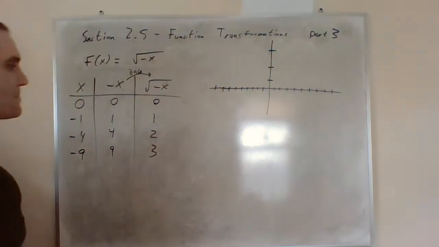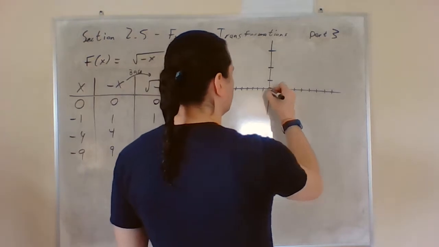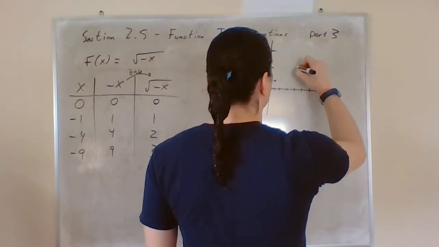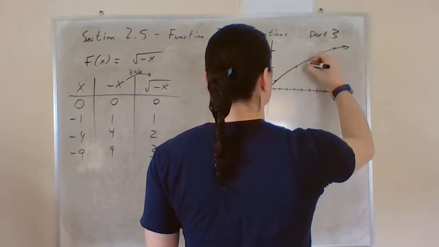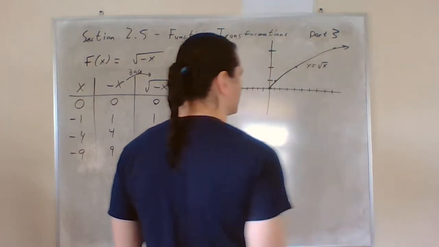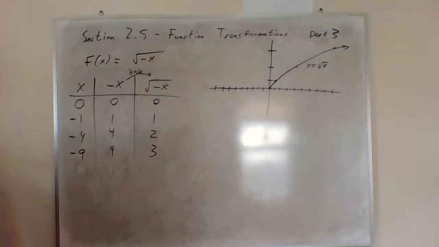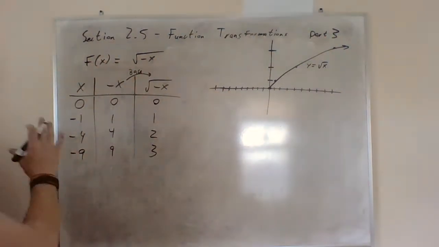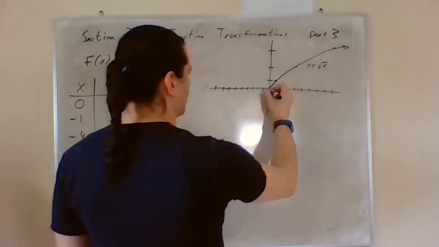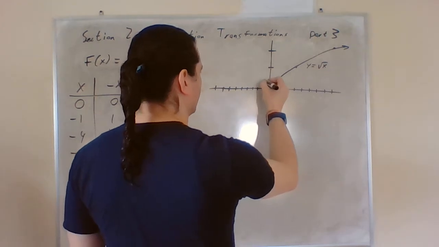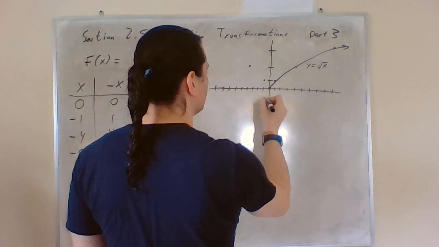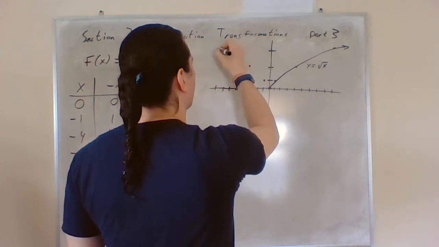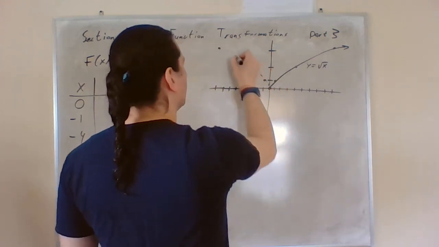Okay, so the base function here: 0, 0, 1, 1, 4, 2, 9, 3. Base function here, same as it ever was, y equals square root x. The transformed function still has my 0, 0 point. It has a negative 1, 1 point, a negative 4, 2 point, and a negative 9, 3 point.